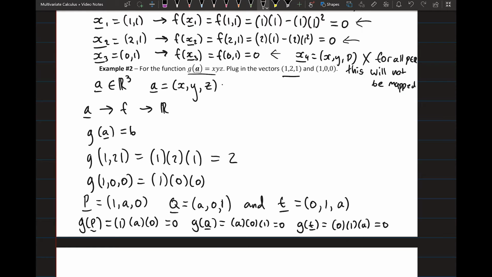So if one of the components of the vector is 0, then we would have a resulting output of 0 for any other number. For example, if we had x equal to 0, it's automatically 0 for every other variable being inputted.